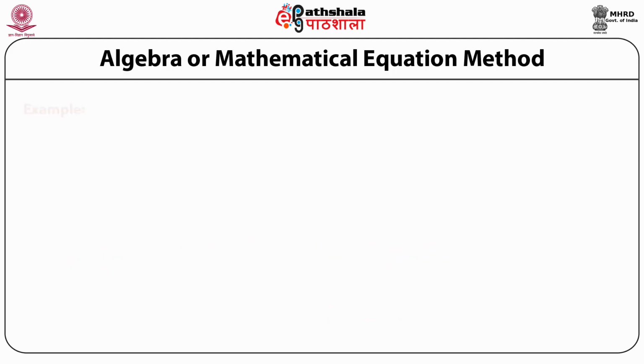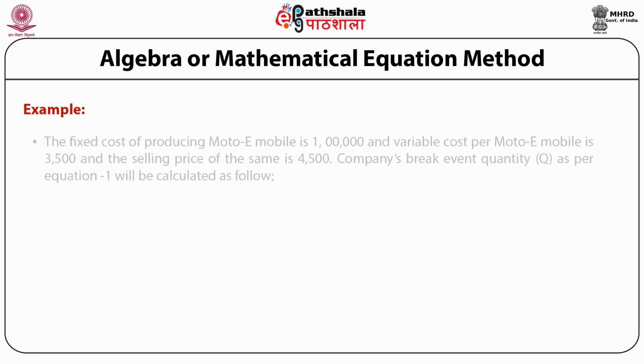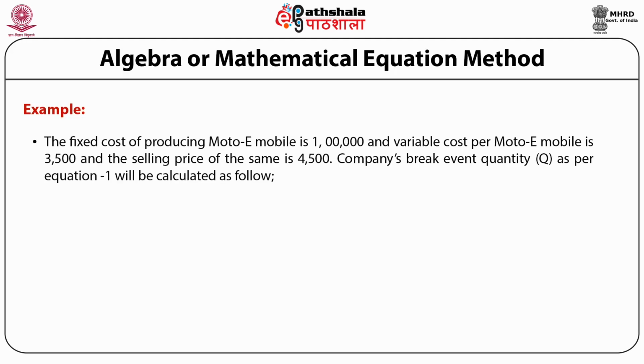Let's take one example to illustrate this concept. Suppose the fixed cost of producing a motor mobile is rupees 1 lakh, the variable cost per mobile is rupees 3500, and the selling price of the same is 4500. The company's break-even quantity as per equation 1 will be calculated as follows.